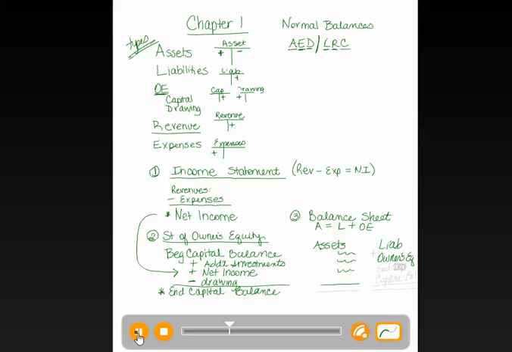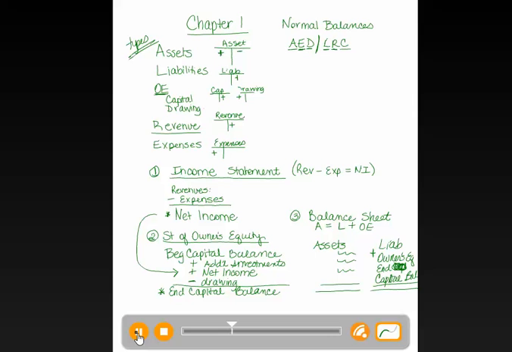And your owner's equity is going to be that ending capital account. Sorry, I messed that up. Capital account. Your ending capital balance. You're going to add that plus your liabilities, and that should equal your total assets.